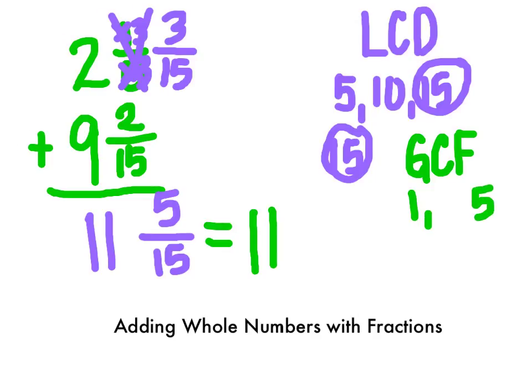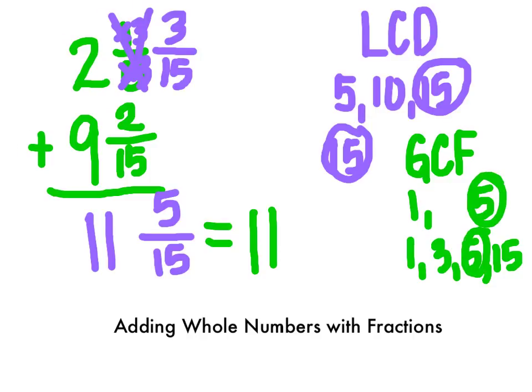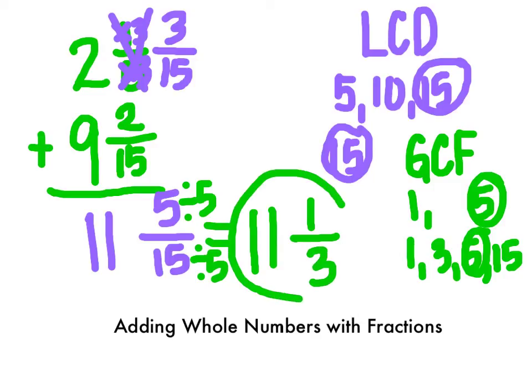And then for 15, I have 1 times 15, and then I have 3 times 5. My GCF in this case is 5, so I'm going to divide each one by 5 in order to find my new fraction. 5 divided by 5 is 1, 15 divided by 5 is 3. My new answer is 11 1/3.